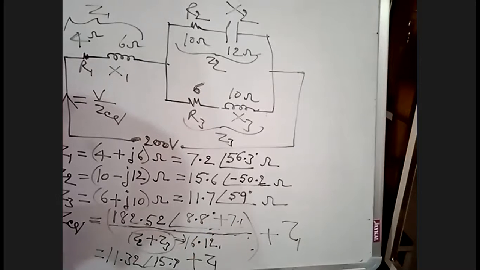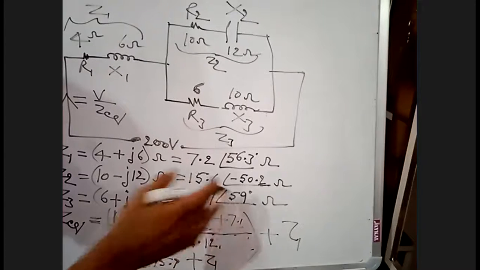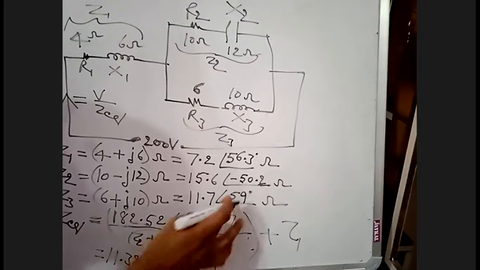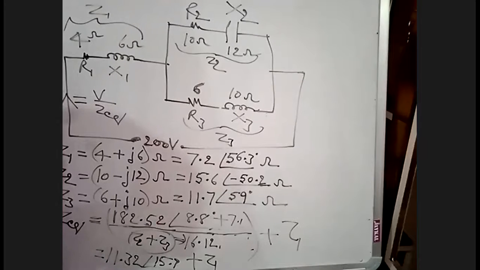Negative is converted to positive when it comes to the numerator. In multiplication, angles will be added. In division, angles will be subtracted.